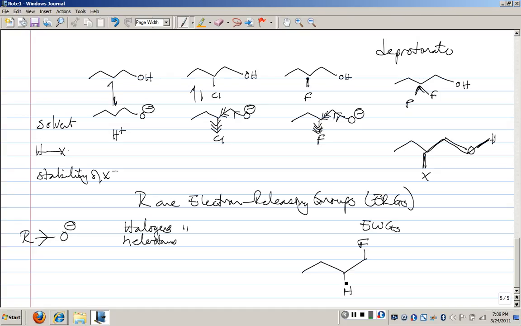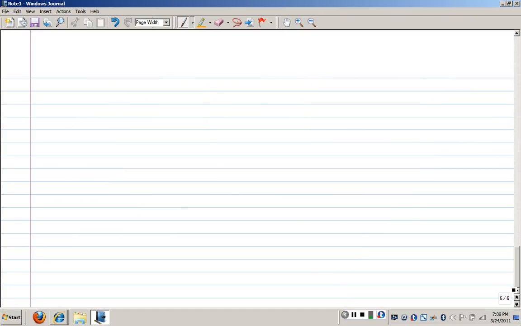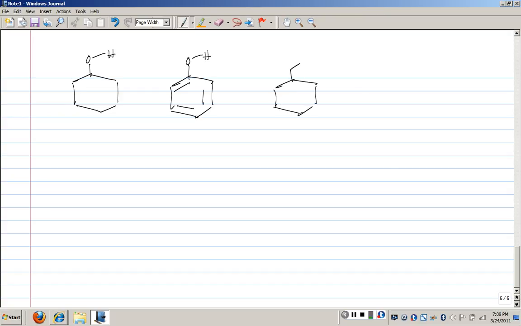Okay? The resonance effect can also play a role if, for example, I were looking at the following compounds. So let's look at the following compounds. Cyclohexanol, this compound is called phenol, and let's look at benzoic acid.